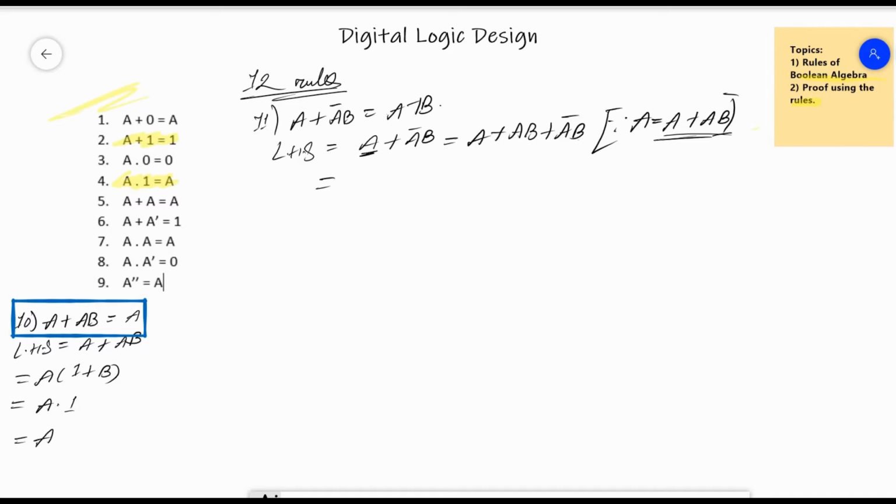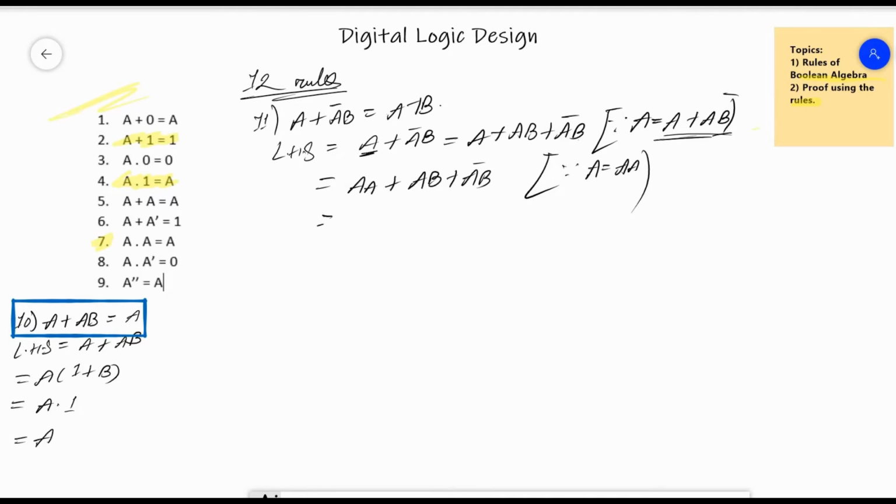Now we can rewrite A as AA plus AB plus A bar B. This AA is obtained from rule number 7, which says A equals AA. You can see it here, rule number 7.